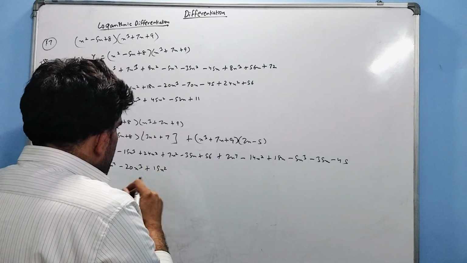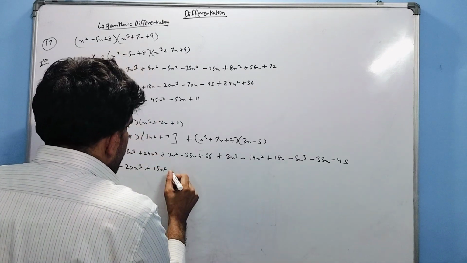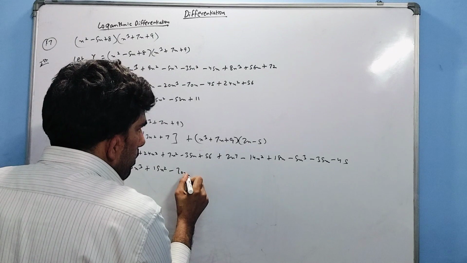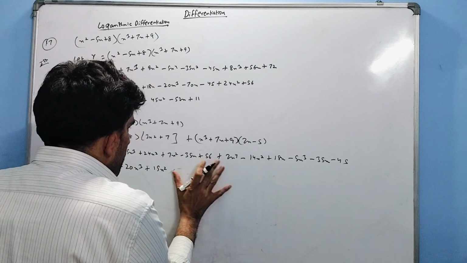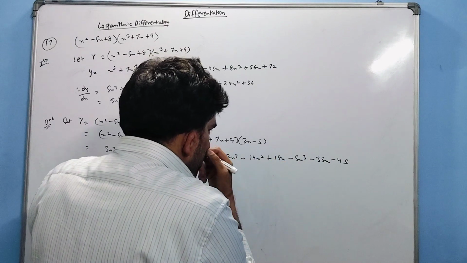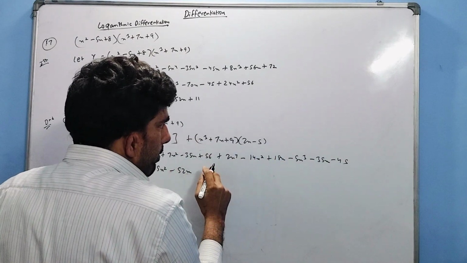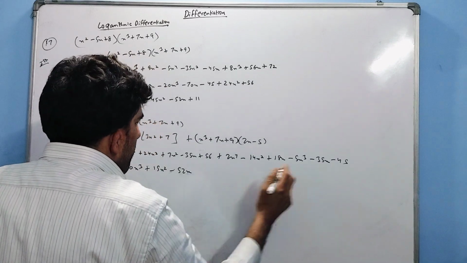Then we have minus 35x minus 70x... no, it will not be minus 35 minus 70. Then we have plus 18 minus 52x. And here we have 56 minus 45, so it will be 11.